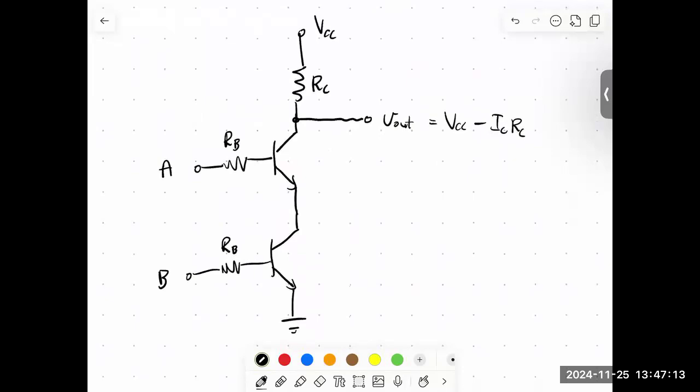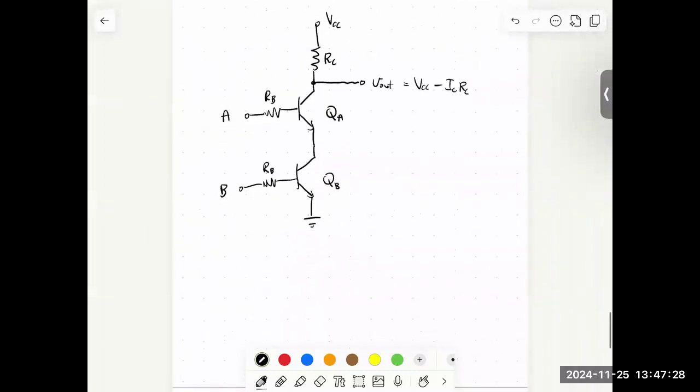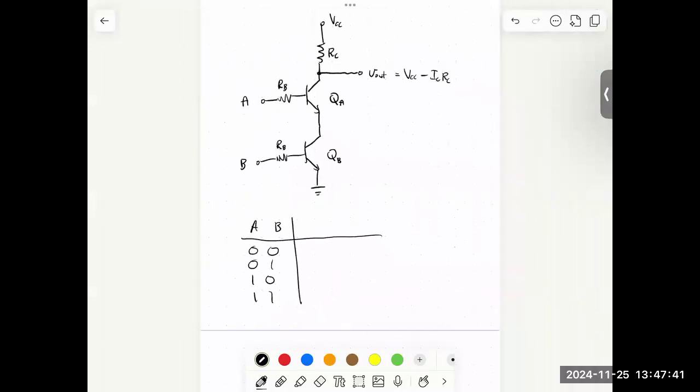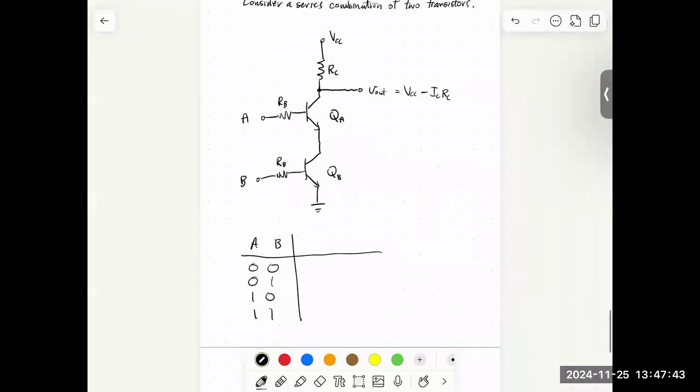Transistors in circuit diagrams are usually labeled as Q for some reason. So I'm going to call this transistor A, QA, and this is transistor B, QB. We're going to try to construct a truth table for this thing. We have two inputs, and the possible combinations of inputs are like this. It could be high or low, let's say.